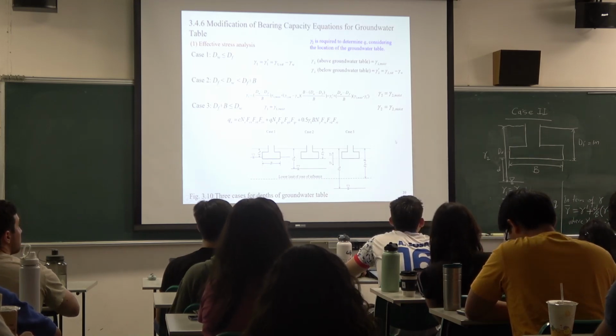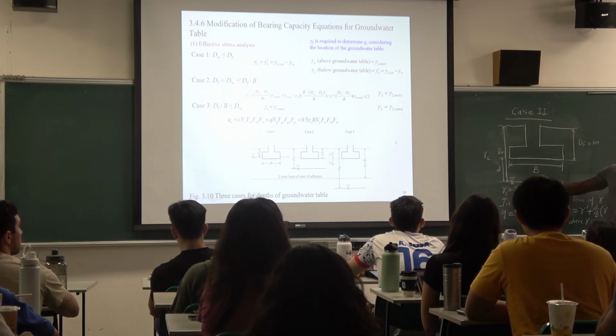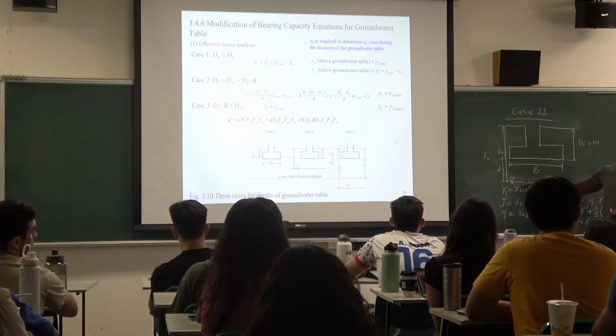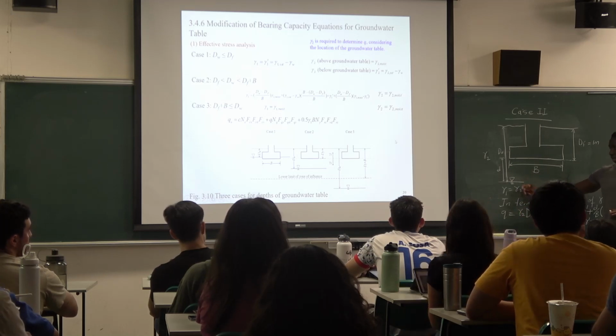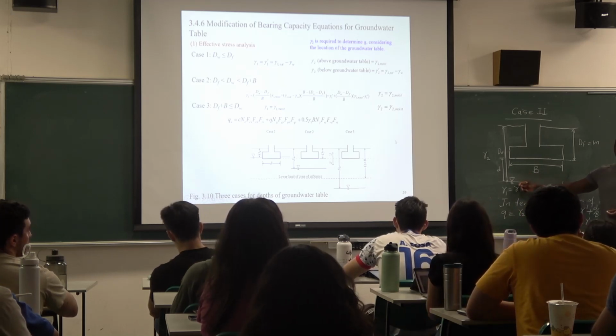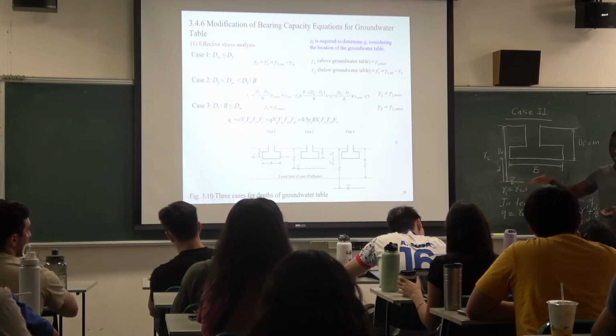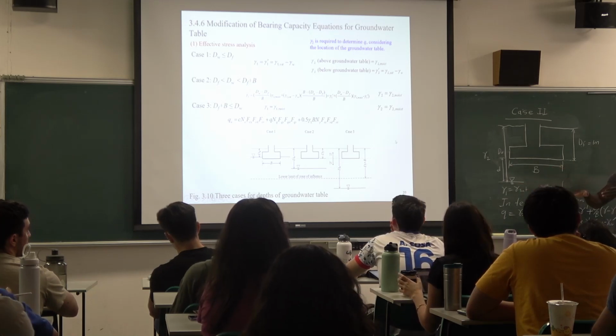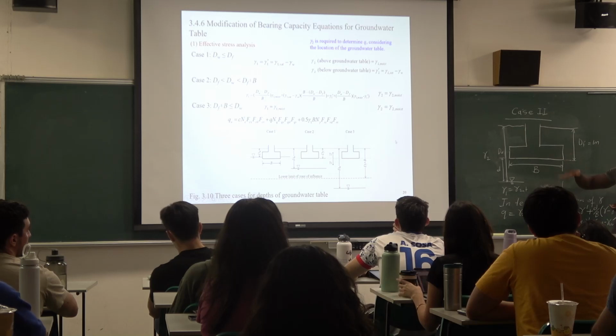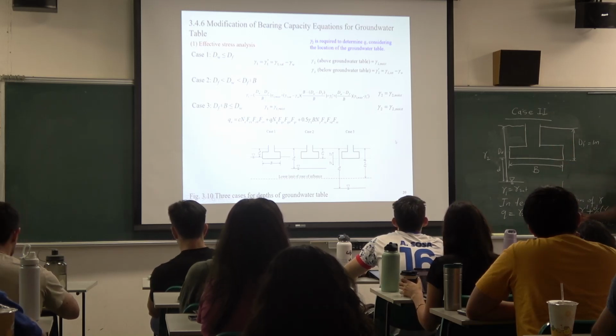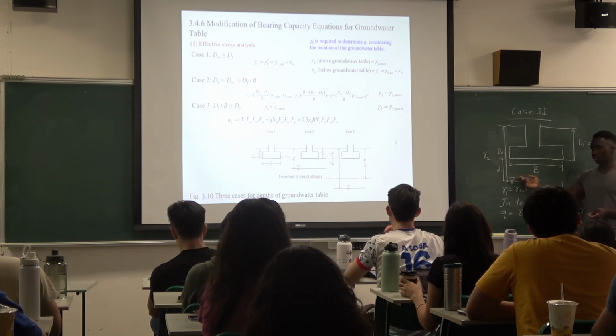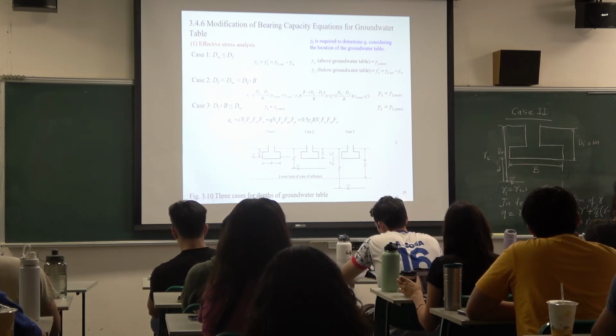Oh, the reason why we need the gamma equivalent is because the water level here is not deep enough. It's close to the surface, so it can have an impact. Although the water level stops at that point, somehow it will affect the soil structure above it. So that's why we use the gamma equivalent. It has an impact on the overall stability of the foundation.